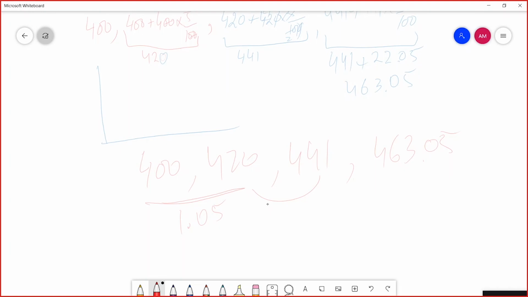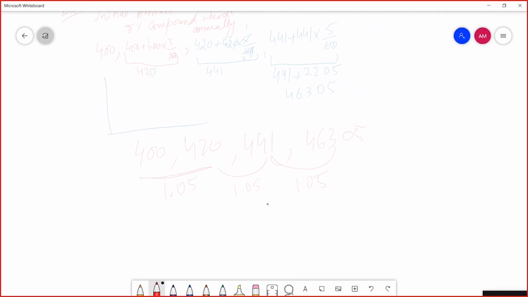It gives me again 1.05. And I divide now 463.05 by 441. That also gives me 1.05. So what type of sequence is this then?